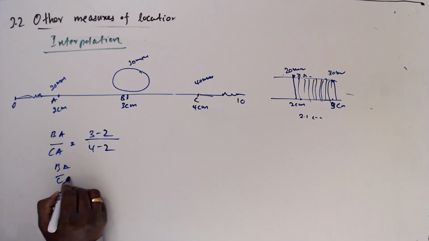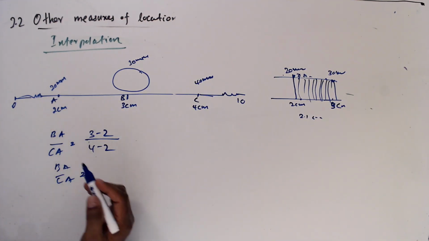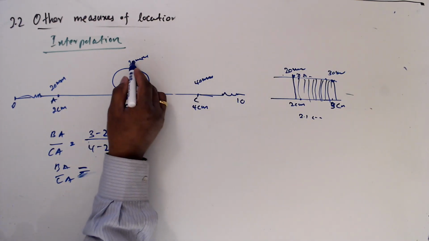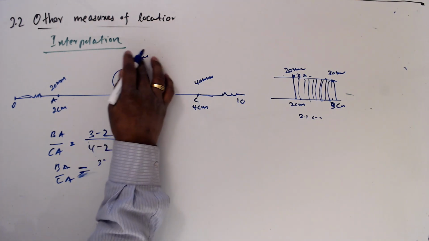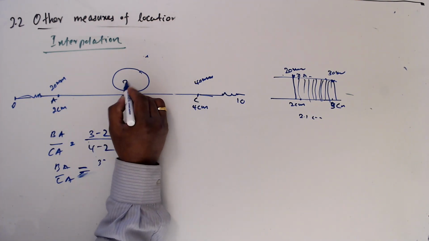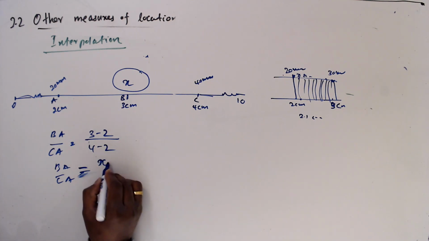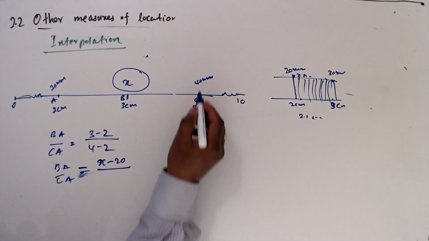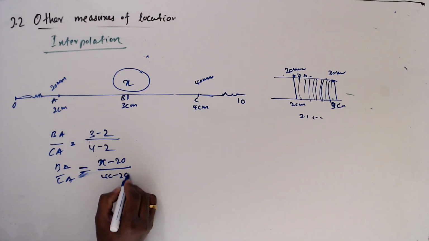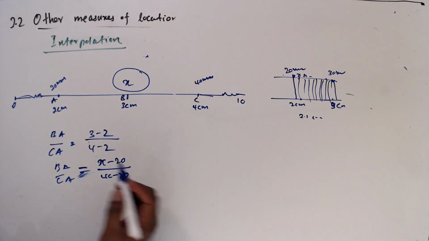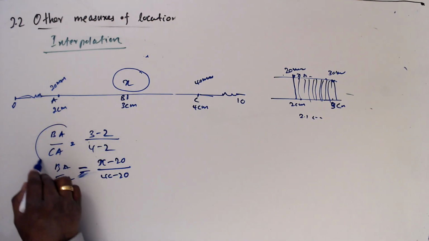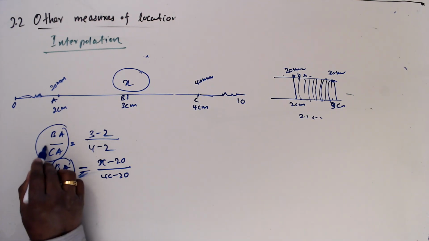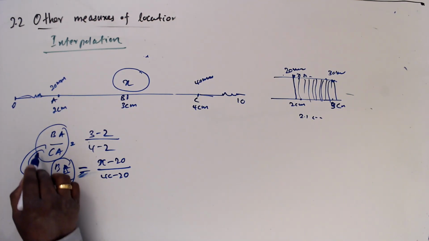Again, BA and CA, I can write this as a ratio. BA is in terms of this one. Now we don't know this one. I'll take this as X. That's what we need. X minus 20 divided by 40 minus 20. Both are the same ratio, so both have to be equal.